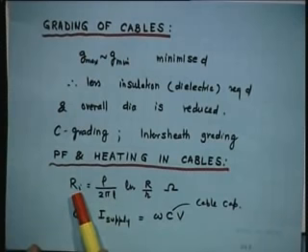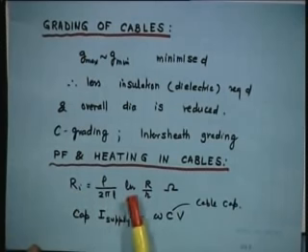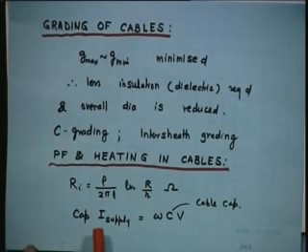Now, this is the equation for resistance: rho by 2 pi L log of R by r ohms. Rho is resistivity, everybody knows, and the capacitive current supply is omega CV. C is the cable capacitance.